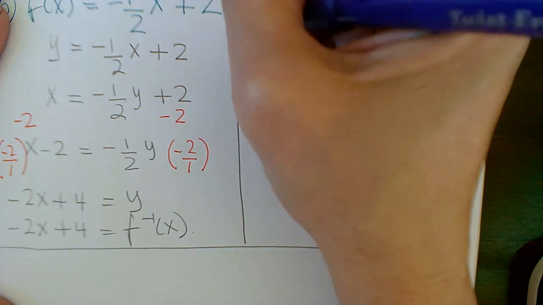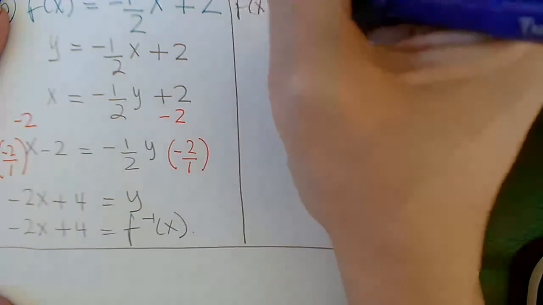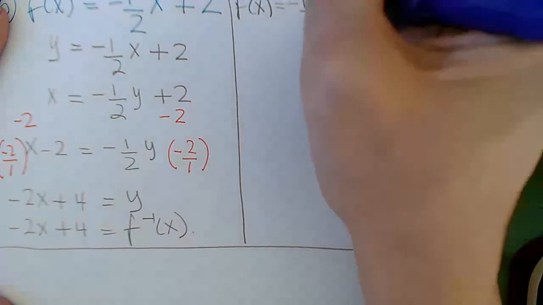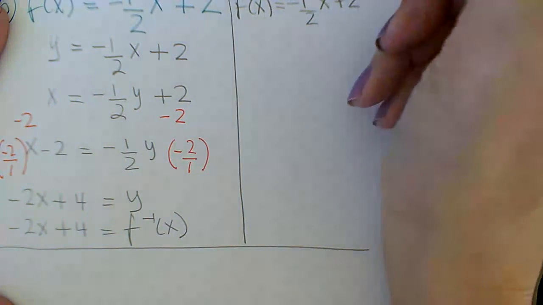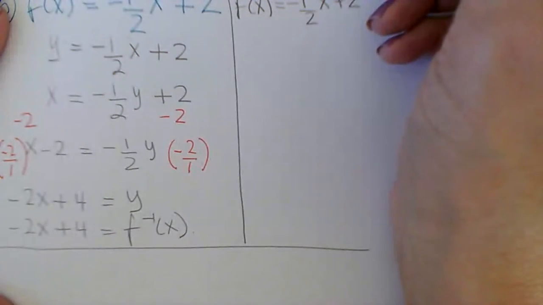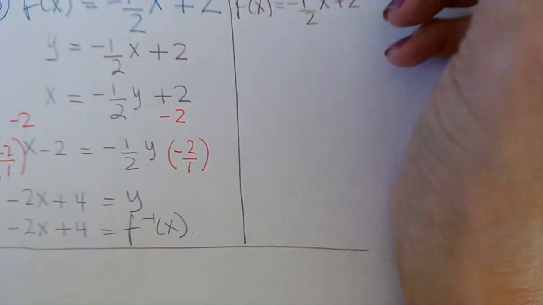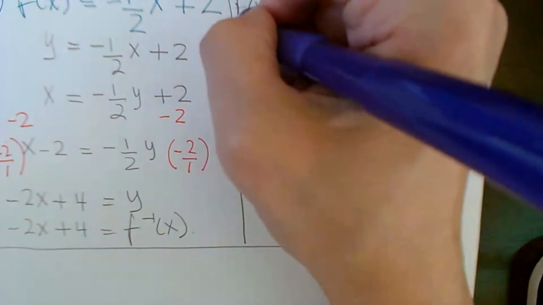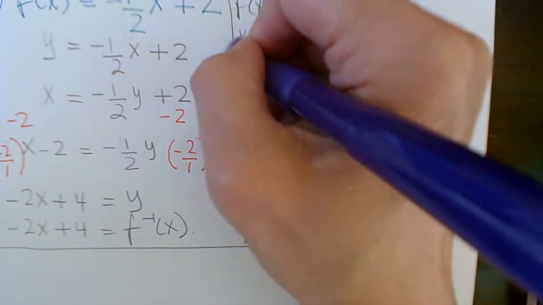So f of x when x is equal to, what did I do? 1? Or let's do 2. Let's do 2.